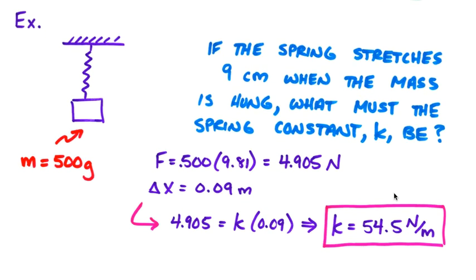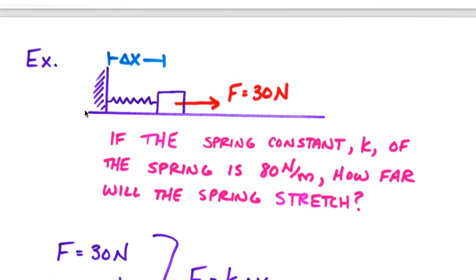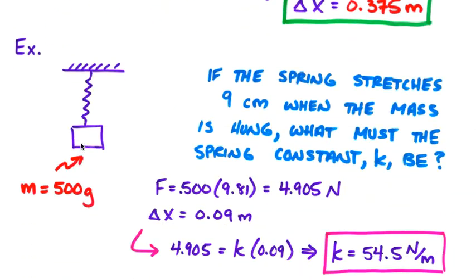Second example, you have a mass hanging from a spring, much like in your labs, and if the spring stretches 9 centimeters when the mass is hung, what must the spring constant k be? Well, the force in this case is not an applied force, it's the force of gravity pulling down on the mass.